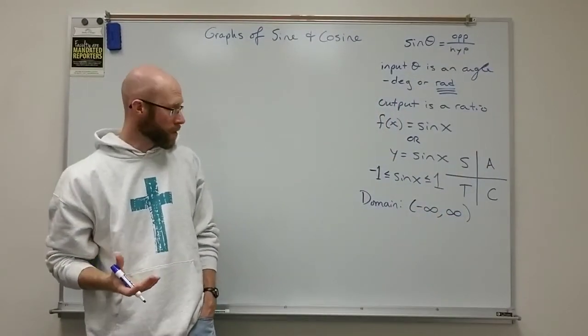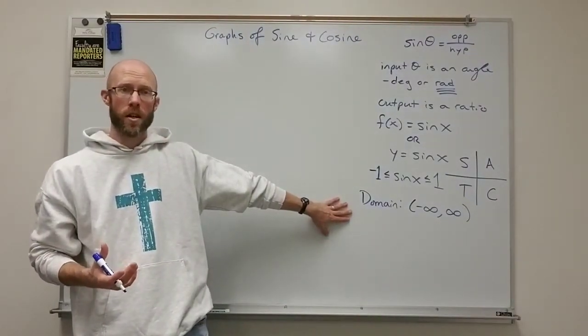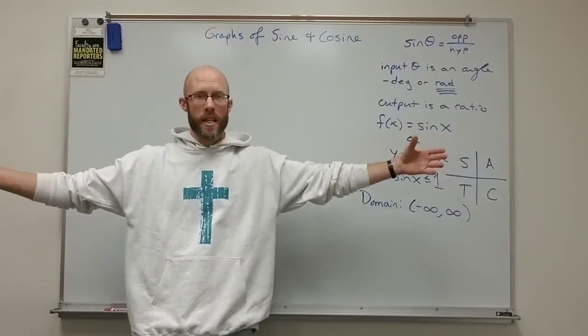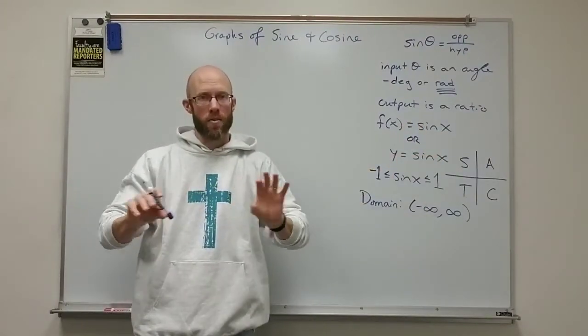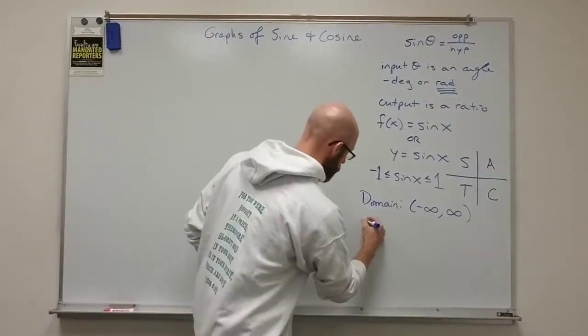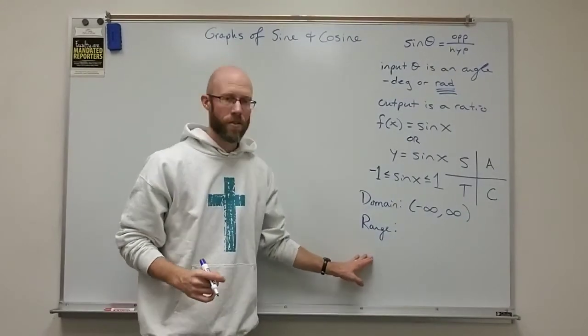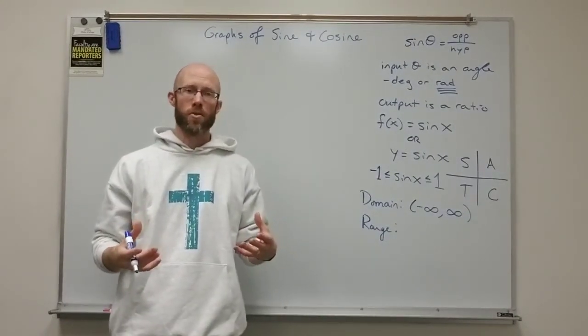What that means then is when we plot the graph of a sine function, it's going to extend indefinitely from left to right. It's going to cover the entire x-axis. The range, remember, the range of a function are the outputs. It's all the values you could have for y.